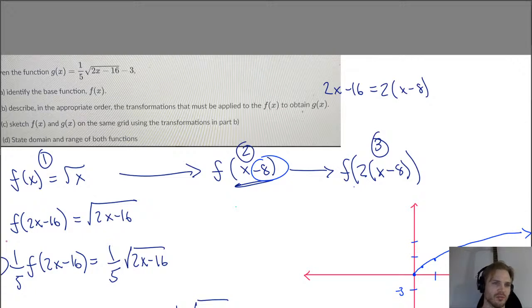So what I was having a hard time drawing on that was that this crosses the x-axis really far away. So let me just go negative 10 to 10, negative 10.